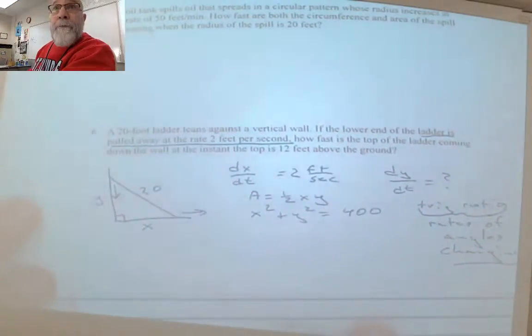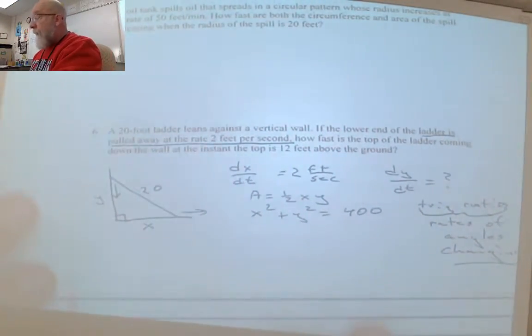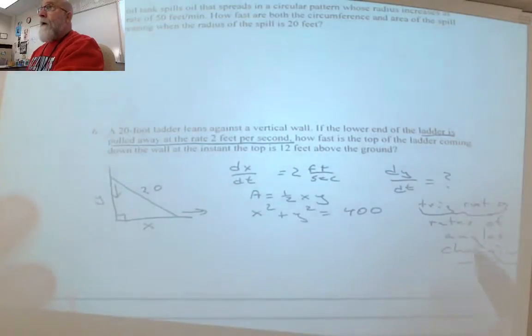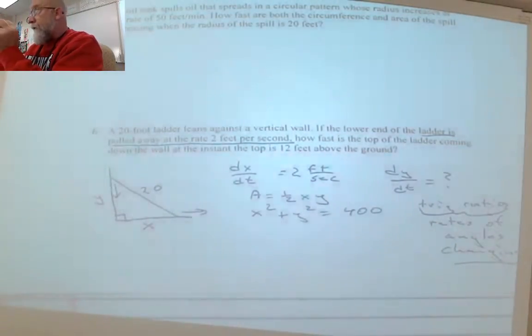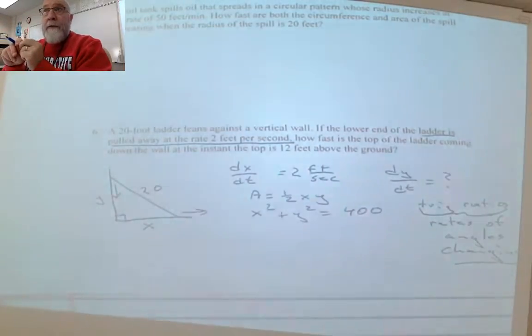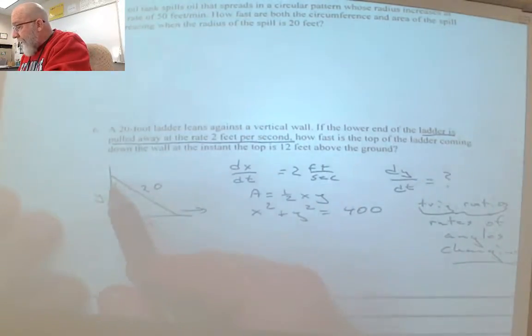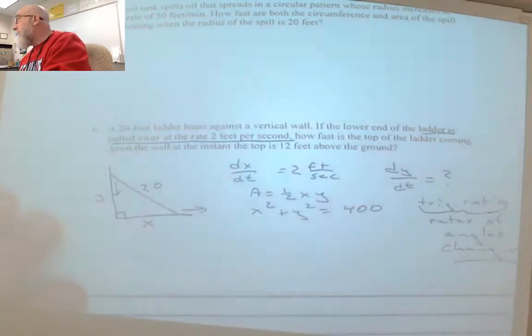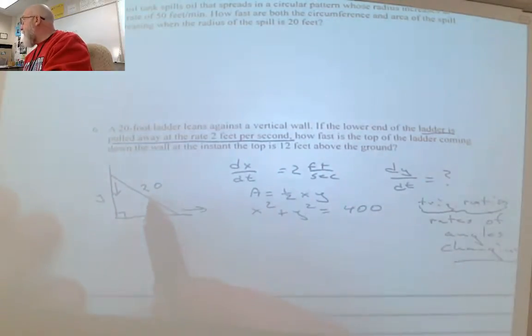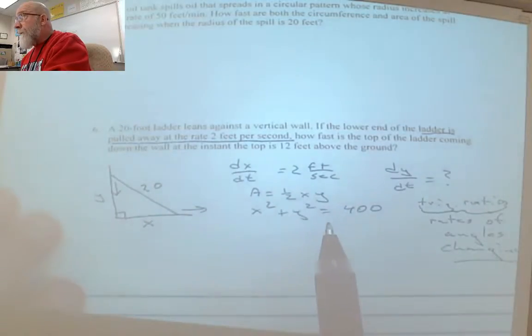Okay? And since we don't have that, what's changing is a length of a side of a triangle. Would you agree with that? The length of this side is changing because this ladder is falling. And the only thing that's constant is this 20, correct?